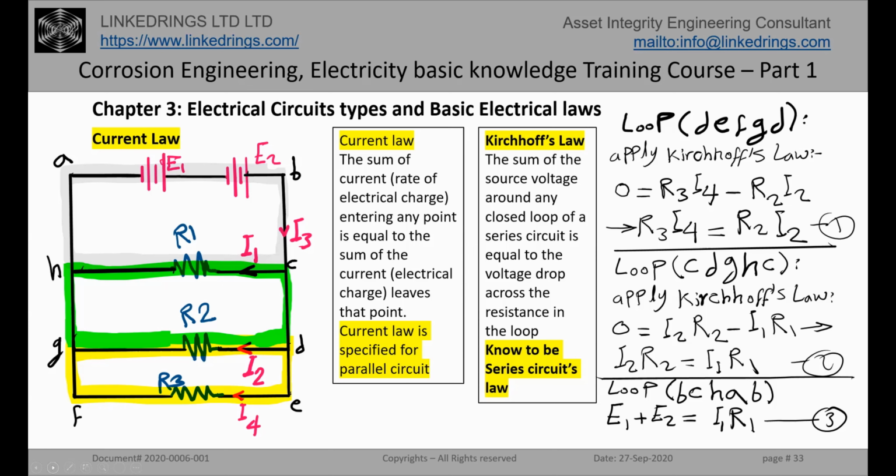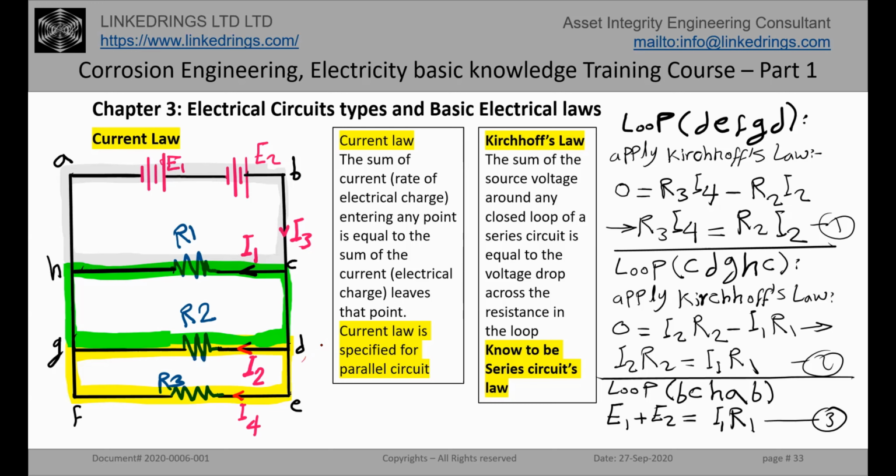Let's take the yellow color closed loop. How do we name it? We call it D, E, F, G, D. Where we start, we must end.